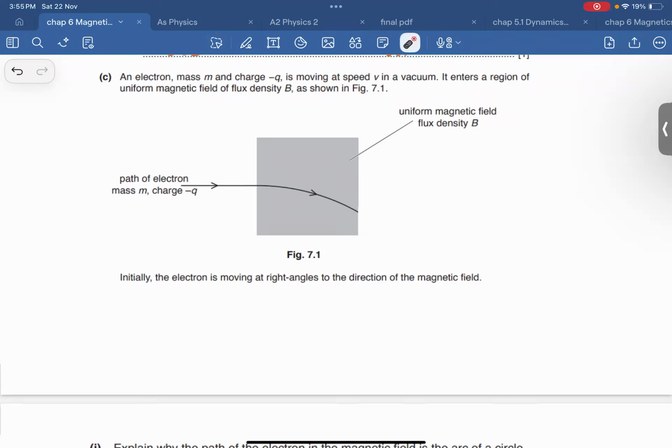Your second finger should be in this direction, and your thumb should be in the downward direction because the charged particle is bending rightward. So my direction of magnetic field is into the page. Is that clear, Ibrahim?